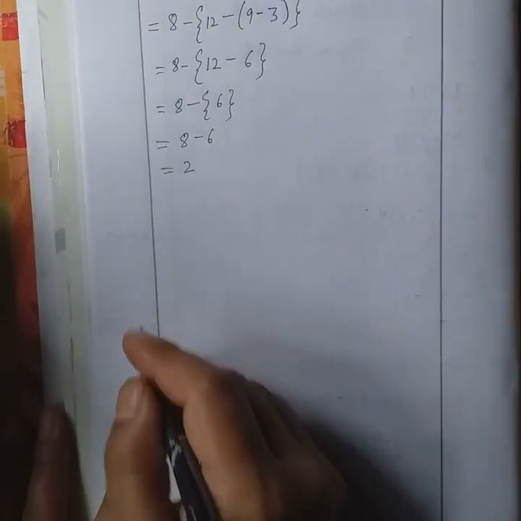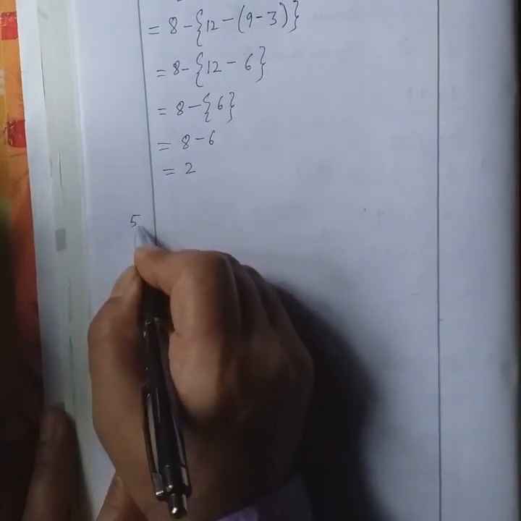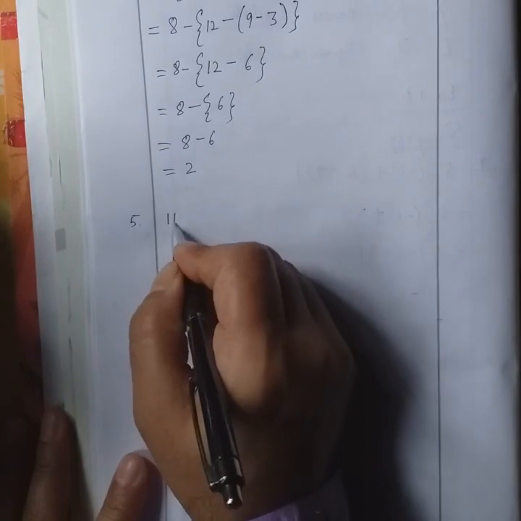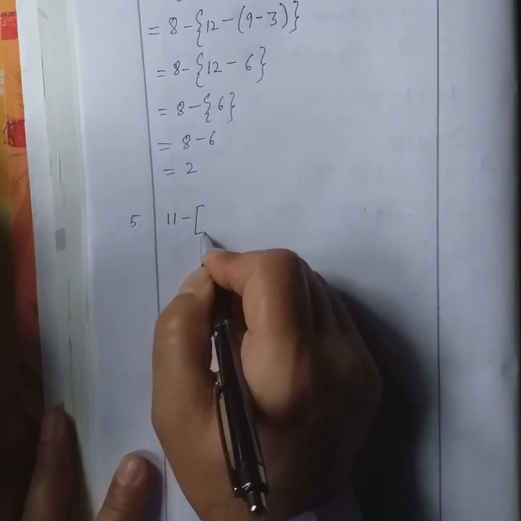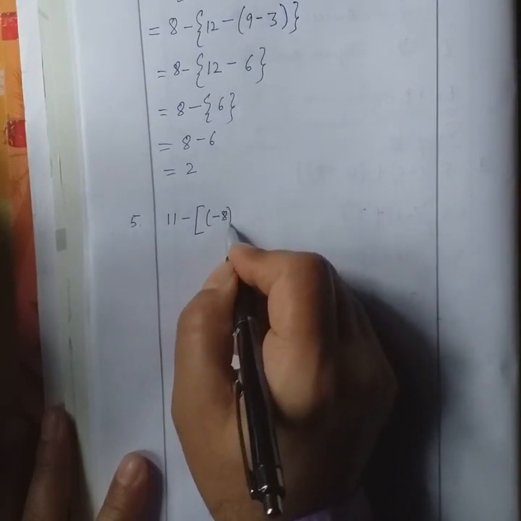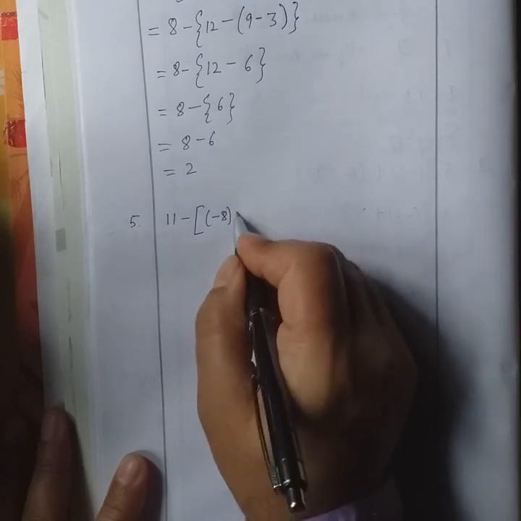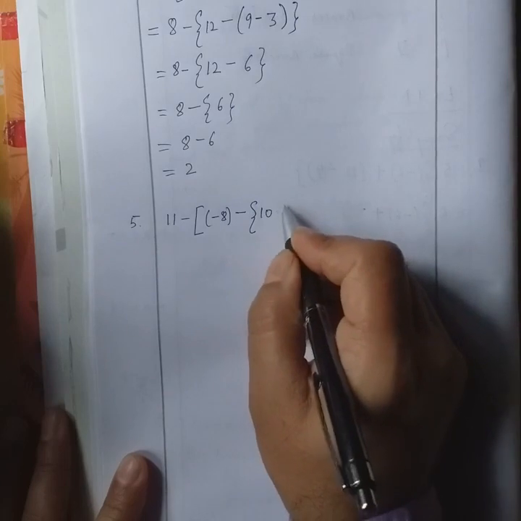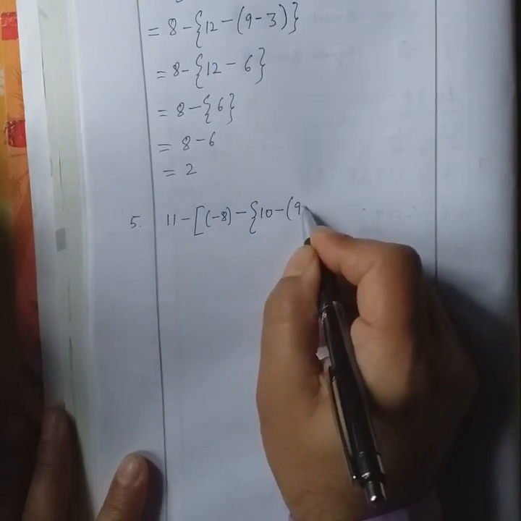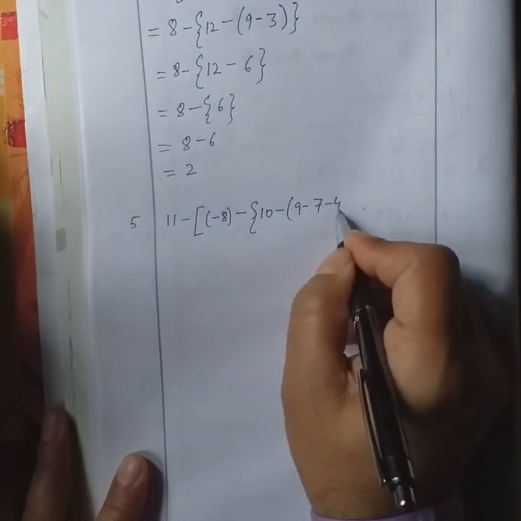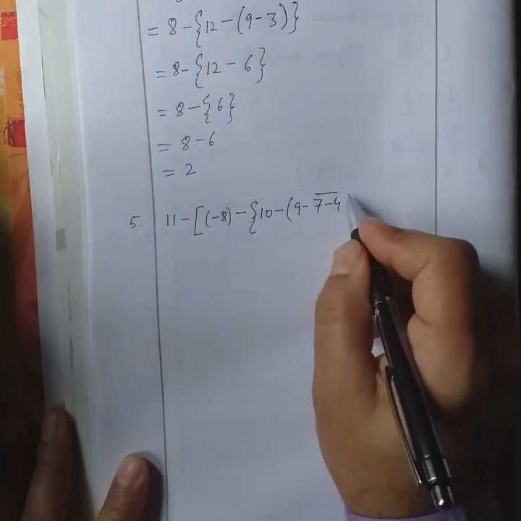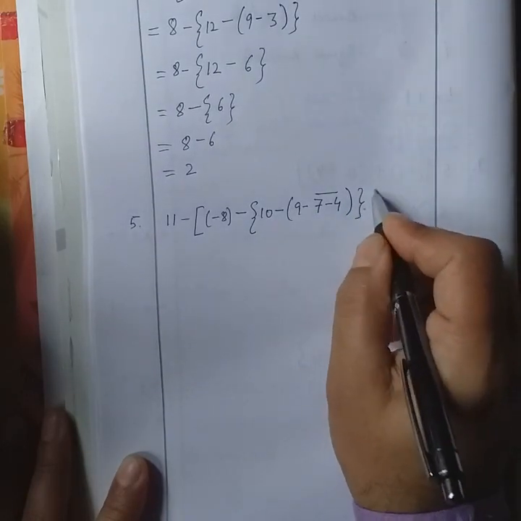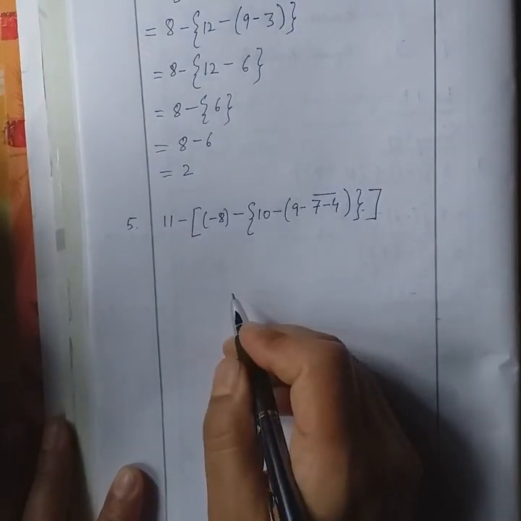Question number 5. Question number 5 is like this. 11 minus 8 minus curly bracket 10 minus 9 minus 7 minus 4. Close this bracket. Now this is the question.